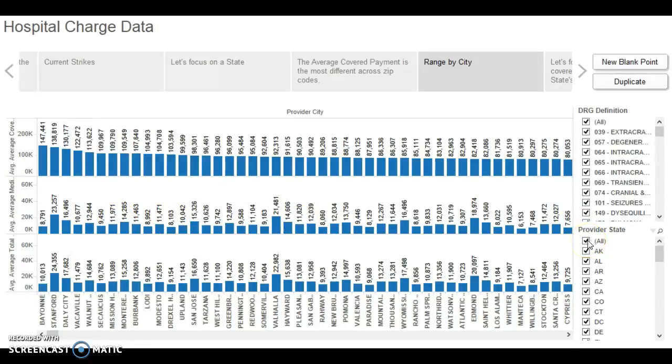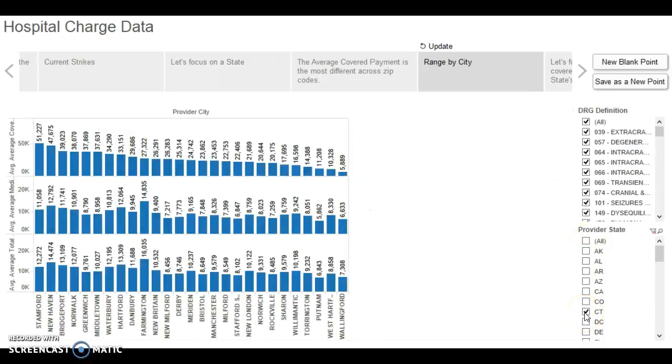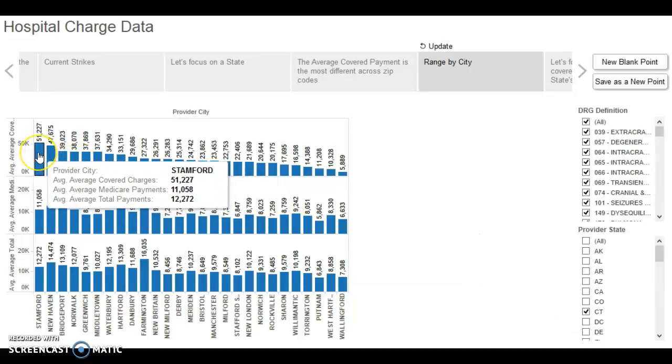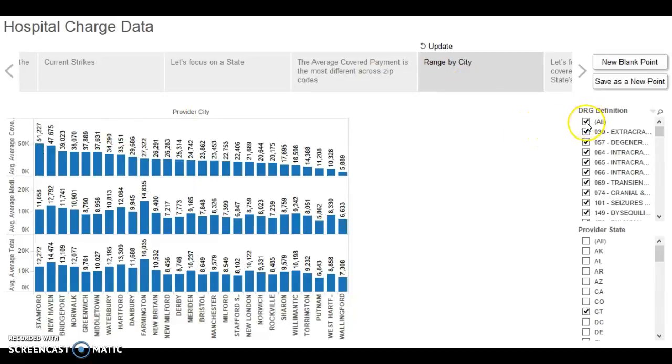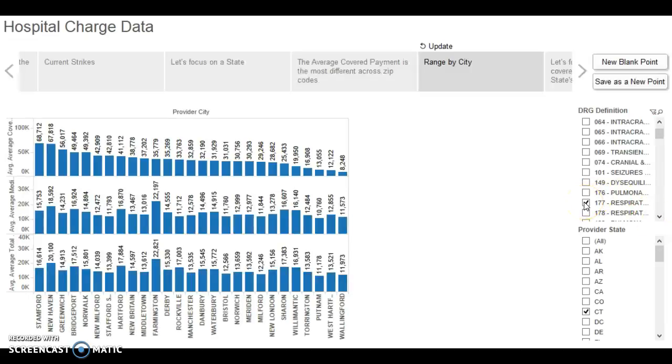So again, let's just go to Connecticut. And again, let's just focus on 177. It's easier to focus on one thing right now.